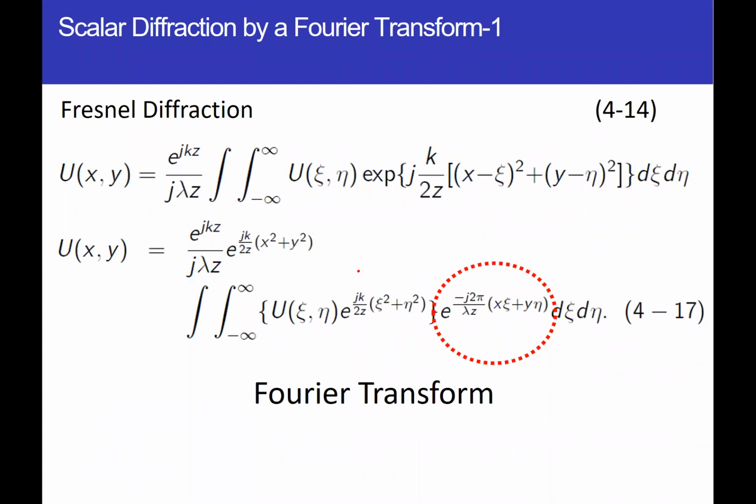And then let's think about it. That's what we have done in the previous classes. In the case of a Fourier transform, once again we have a field at the aperture plane times this quadratic phase, and then its Fourier transform. Okay, Fourier transform.